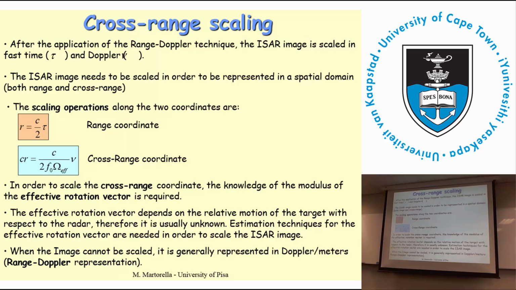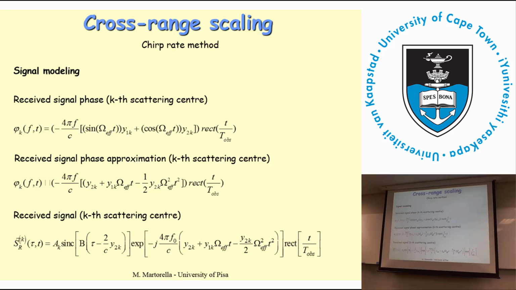So now we're going to go through a little bit of signal modeling and signal processing to estimate this term. Once we have an estimate, we place it back into this equation, and then we're able to transform Doppler frequencies into spatial coordinates, so from hertz to meters, pretty much.